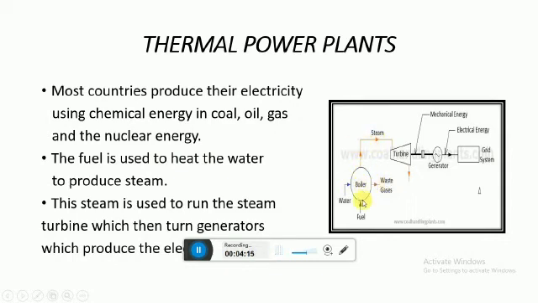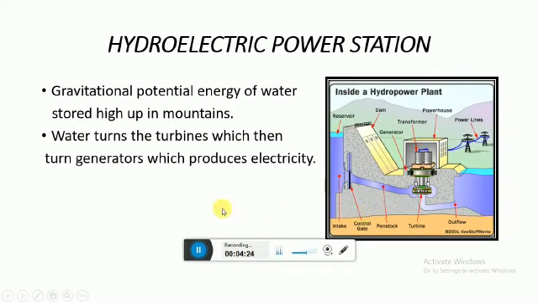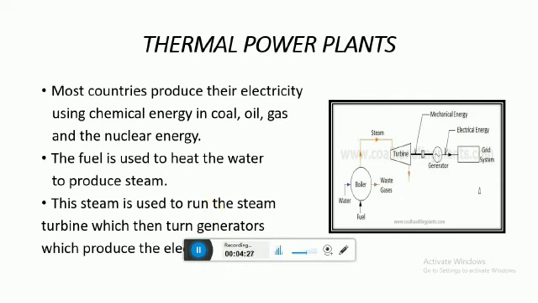Here is the figure. The fuel is used to convert water into steam by using the heat of the fuel. This steam is used to run the steam turbines. The steam moves at high pressure and runs the steam turbines, which turn the generators, and the generators produce electricity.